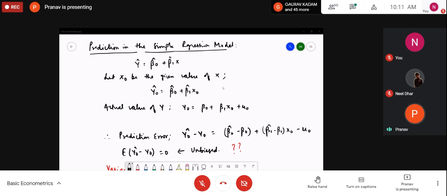Now, before moving ahead, the first thing you need to understand is, if someone asks me to build a confidence interval, what are the two important things that I need? It must be a range that I'm trying to build.